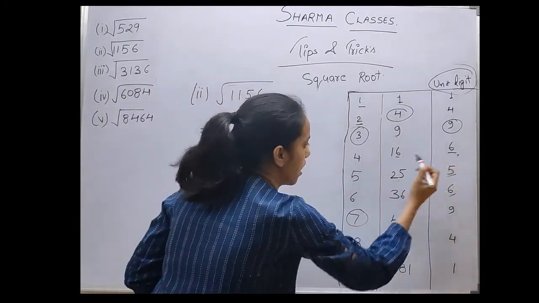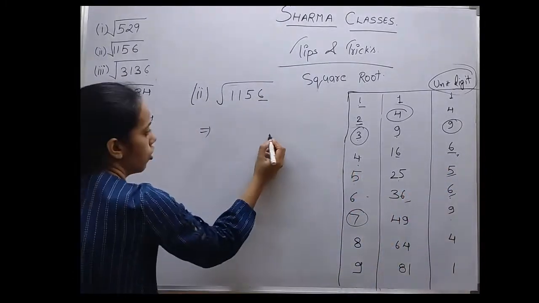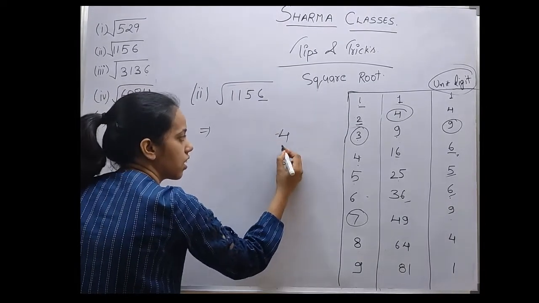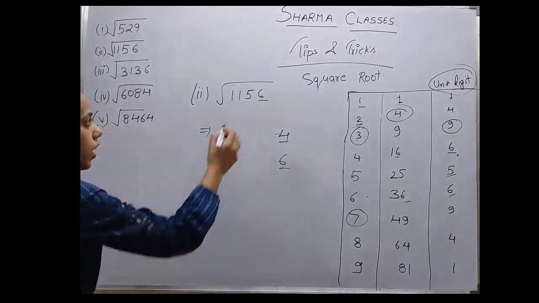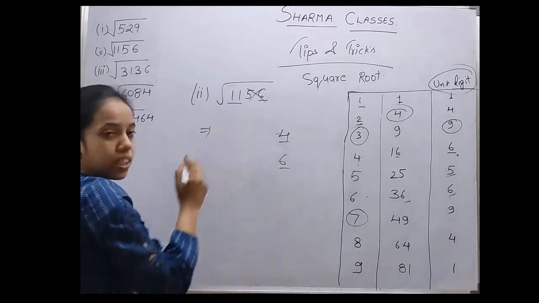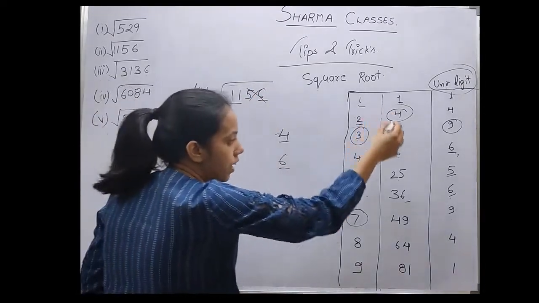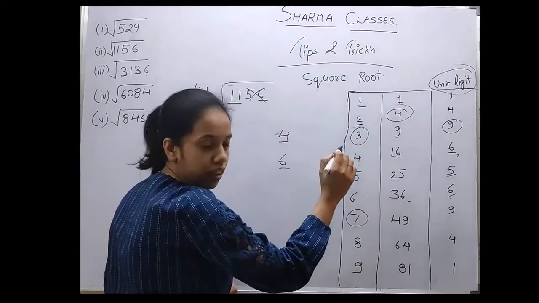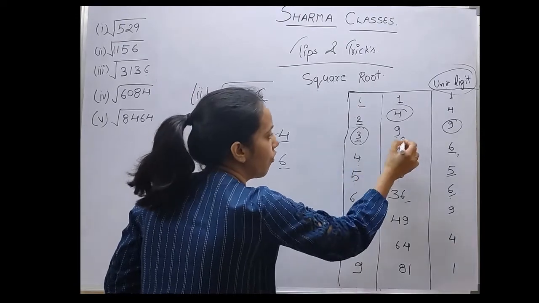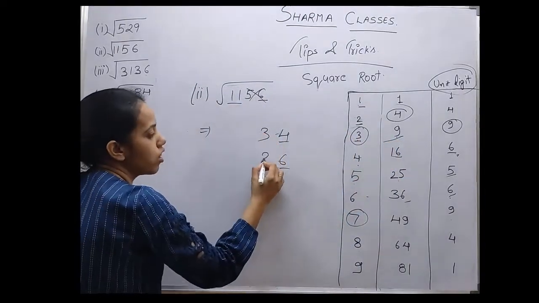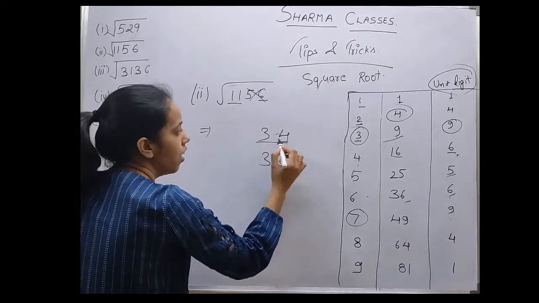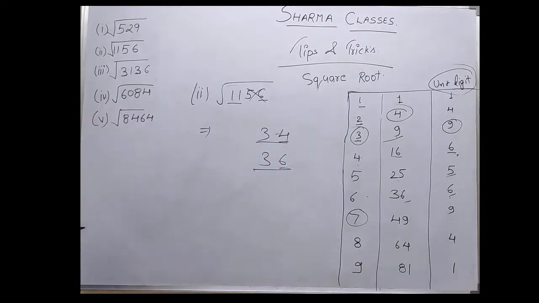Where do we find 6? 4 and 6. Now cut the last two digits, the remaining digit is 11. Now compare in this table where we find 16. 16 is greater than 11, right? So now what do we take? From here we take 3, because square of 3 is smaller than 11. So we take 3. Now we have two digits, 34 and 36.